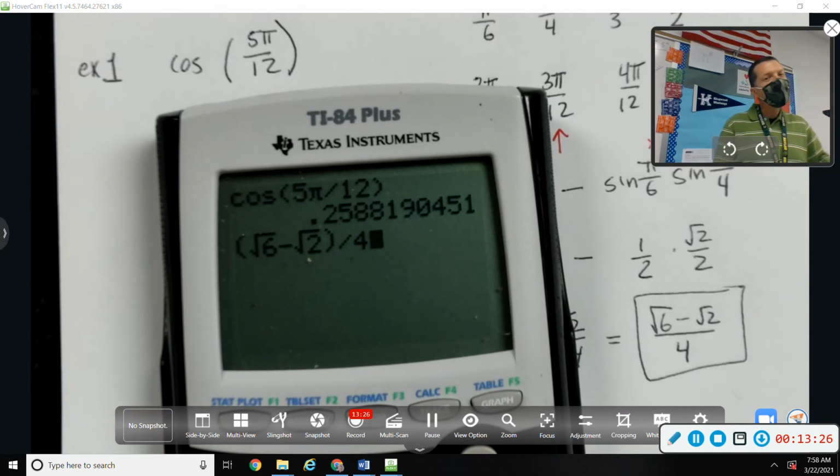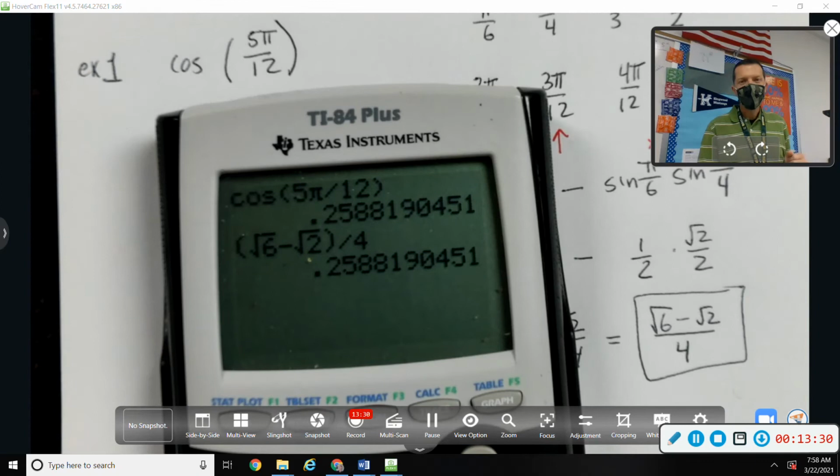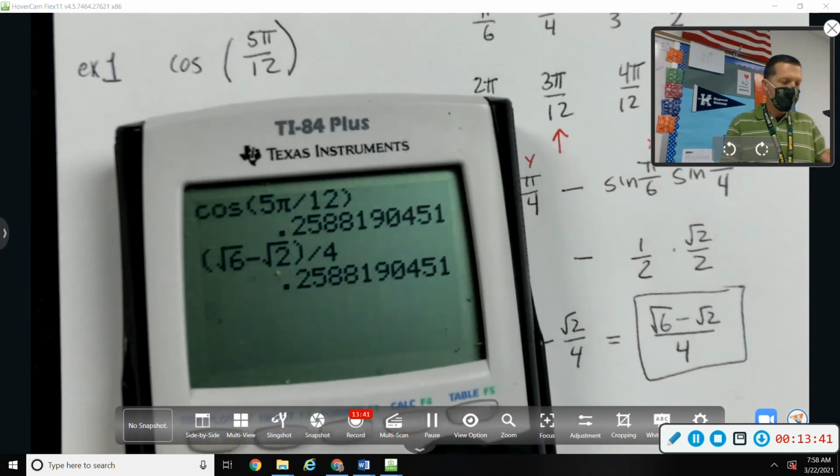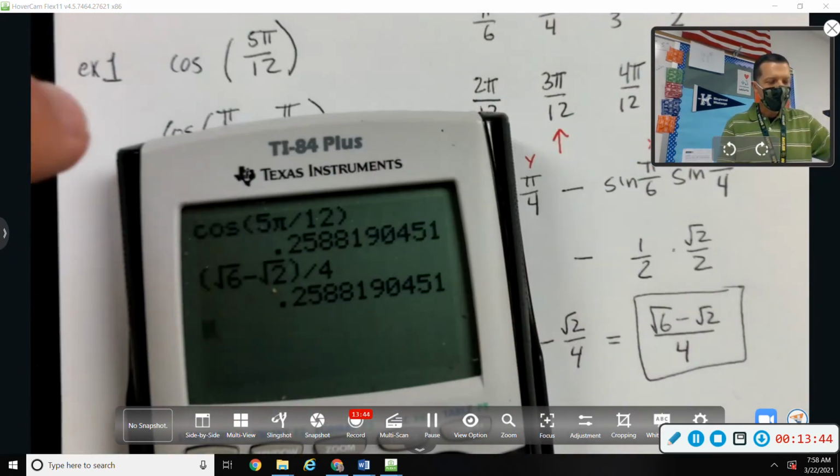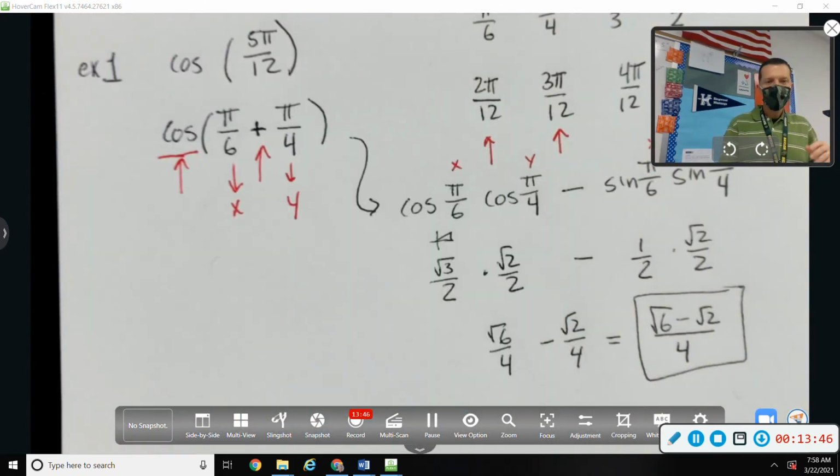It's supposed to be the same decimal, so we'll see if we got this right. Yeah, same thing. So with a calculator, you can check these. On the test, you won't have a calculator, but for homework, if you do one that you weren't sure worked, it's easy to grab a calculator. Check the first statement with the last statement. They should match.